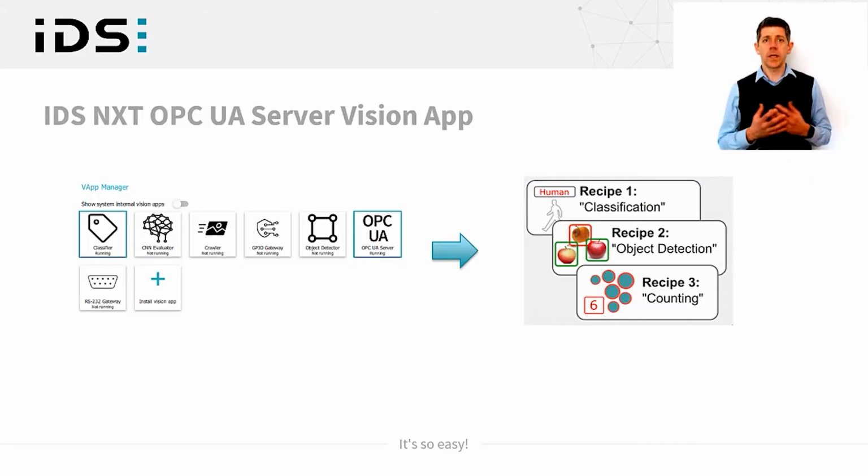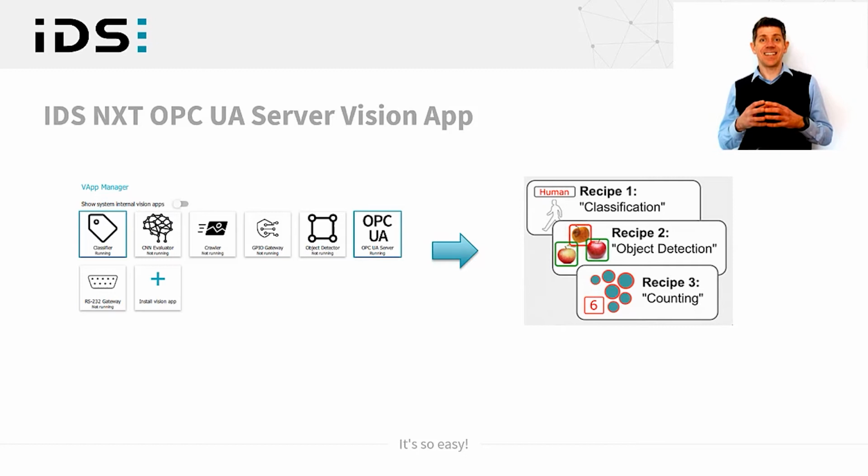As an example, we can look to our own IDS NXT cameras, where we offer the possibility to perform machine vision tasks based on AI classification and object detection with the supplied vision apps and wider NXT Ocean framework, and traditional rules-based processing via the custom VApps and the Vision App Creator.